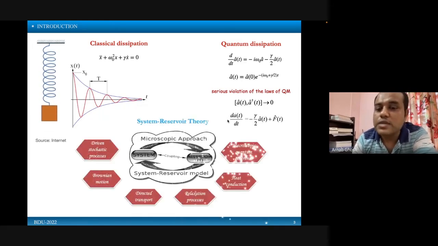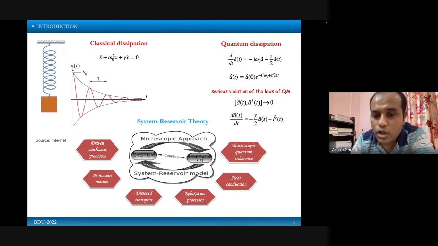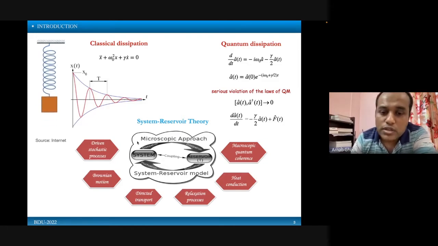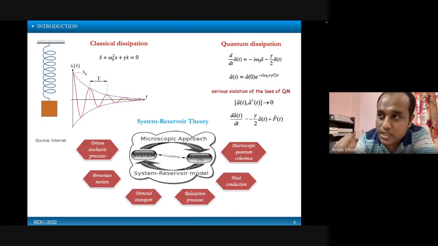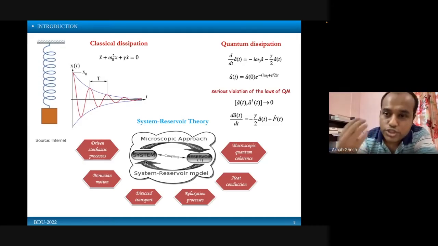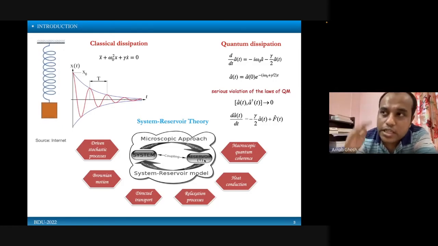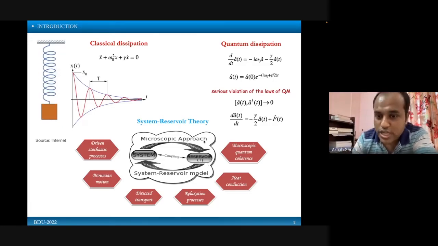In this system-reservoir theory, one considers a small system of interest, whose dynamics you are interested in, and you consider that the system is coupled to infinite degrees of freedom, which act as a bath that remains at some temperature.